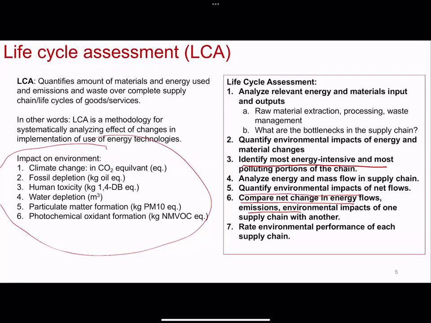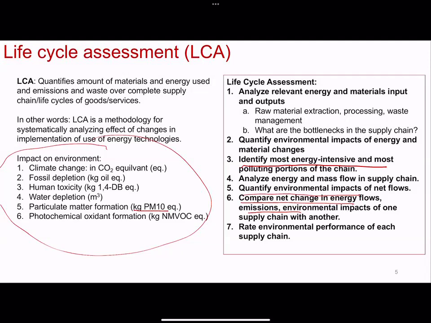So what people talk about is, how many kilograms of particulate matter 10 equivalent. So that's 10 micron equivalent. So is the particle at least 10 micron size, in which case then we start caring about it, or is it smaller than 10 micron? Right.